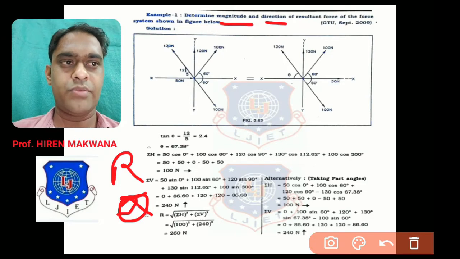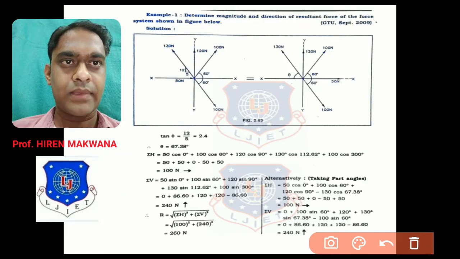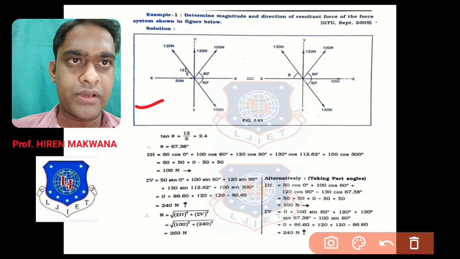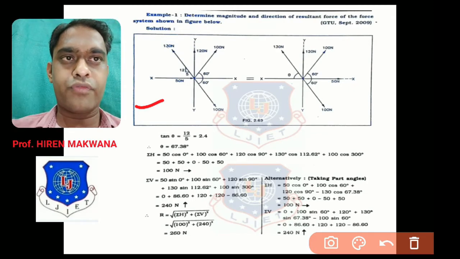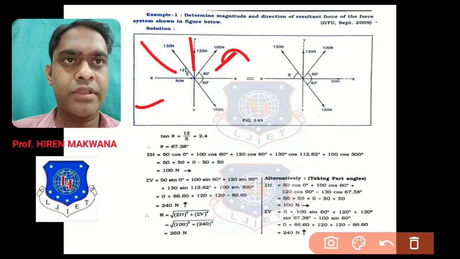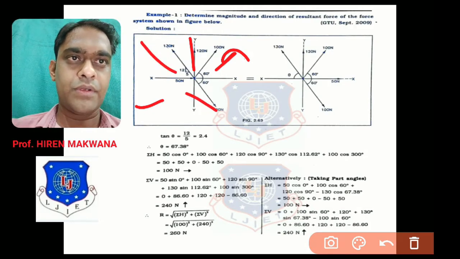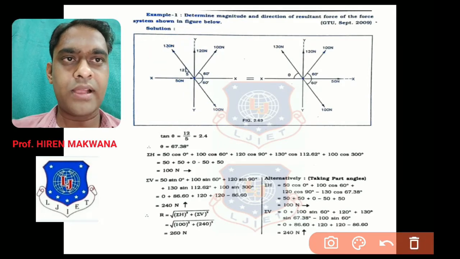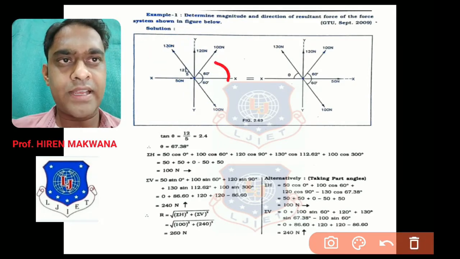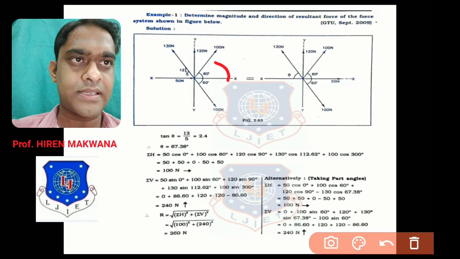You can see in the numerical the figure is given. Check this first figure. There are 4 forces. First one is 100 Newton, second one is 120 Newton, third one is 130 Newton and fourth one is 100 Newton. Okay, now check out angles. 100 Newton is at an angle 60 degree with x-axis.